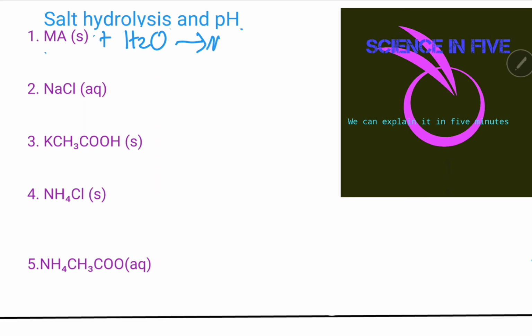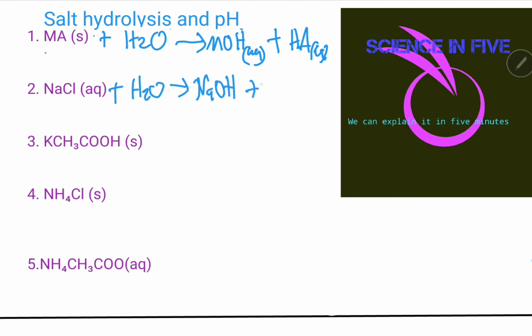We're going to end up with MOH aqueous, and the H from the water goes to form an acid, HA. That's the basis of the argument that we're going to be using in this video to explain how a salt can influence the pH. So NaCl aqueous, we react that with water. We're going to end up with NaOH plus HCl.